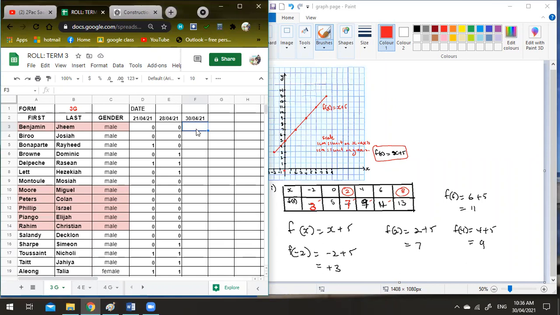So Jahim, not here. Josiah, here. Talk to him. Rahid, not here. Dominic, not here. Hezekiah, message in the group, you say you have to come back. Simeon, not here today. Nikolai, present, sir.